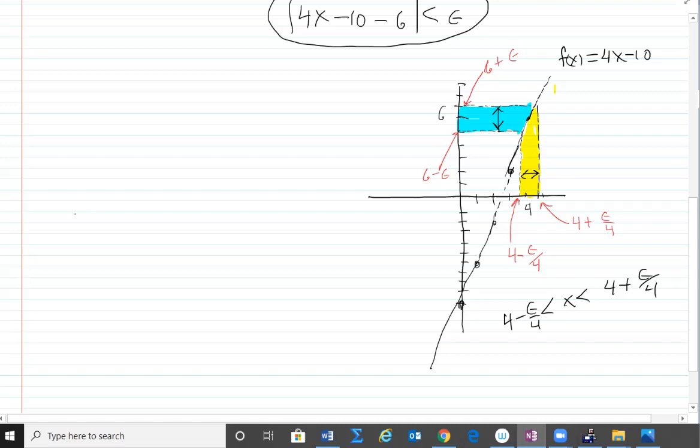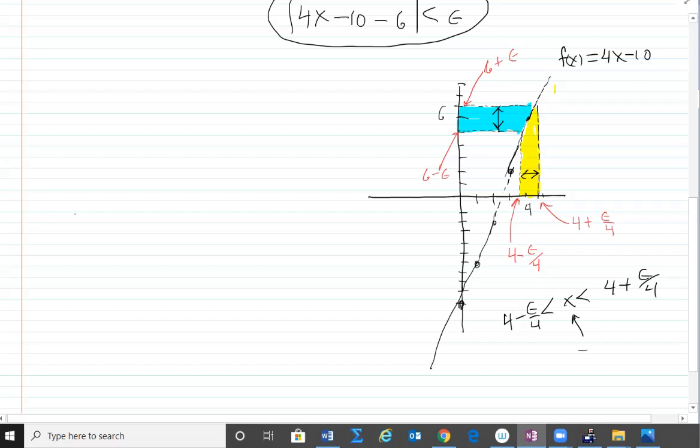So the idea is you sort of play the devil's advocate and shrink epsilon as much as possible. And what that does is it forces this x in here to have a smaller and smaller window.